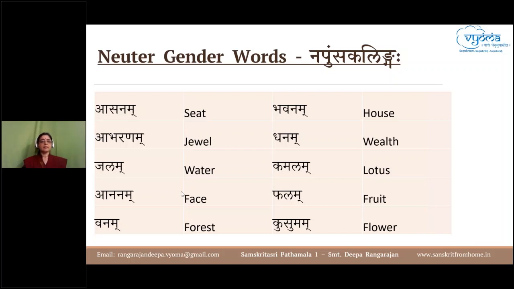Face. Vanam. Forest. Excellent. Continue. Bhavanam. House. Dhanam. Wealth. Kamalam. Lotus. Phalam. Fruit. Very good. Kusumam, flower. Excellent. Dhanyavadah, Mahodaya.